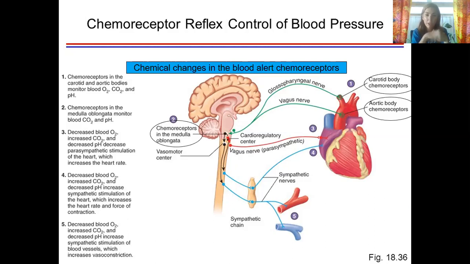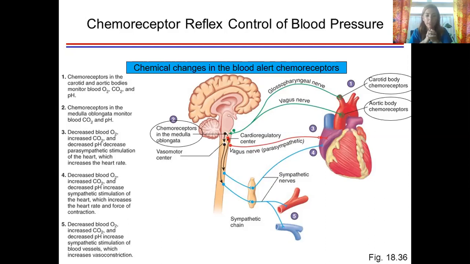If we have a decreased O2 and an increased CO2, how can we make it to where we can have more O2 and less CO2? Heart pumps harder, faster, get more blood over there into the lungs, pick up more, and get rid of more waste. So again, like I told you guys already, the heart and the lungs have to work hand in hand together. And that's one of the instances in which they will.